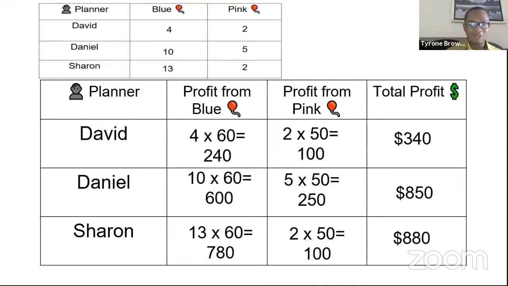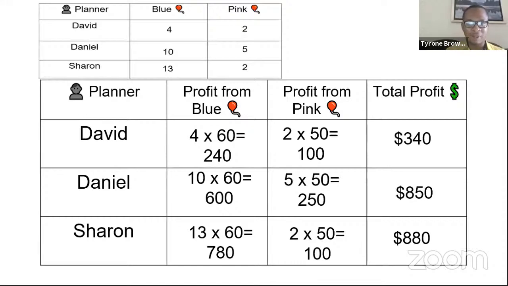But I want to throw something into the discussion before we actually decide who made the most money. Who made the most money based on our analysis here? All right, they're saying Sharon. So Sharon is obviously taking it away with making the most money for her party.